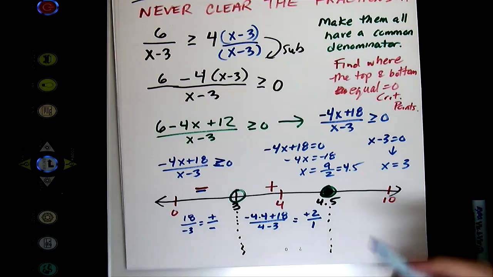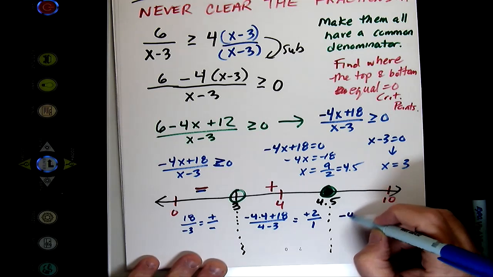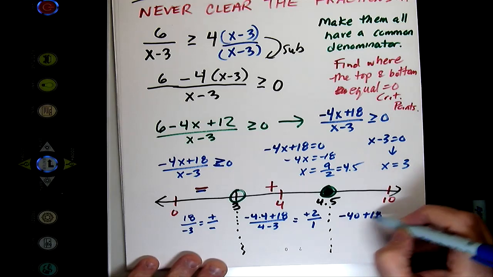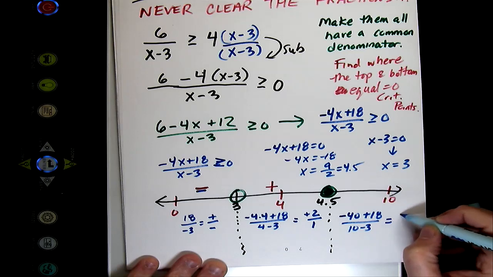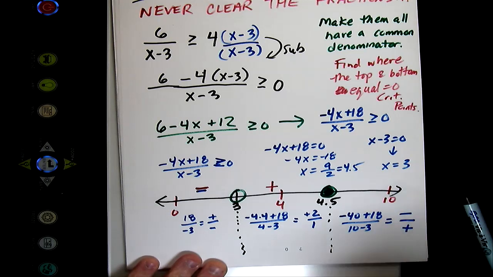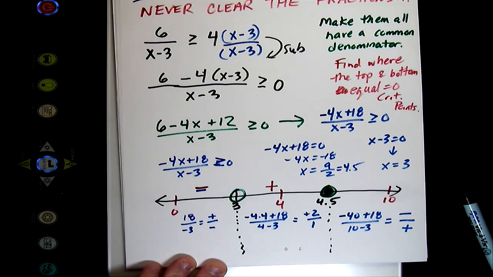And finally, if I stick in 10, I've got (-40 plus 18) over (10 minus 3). The top is negative, the bottom is positive. Just because the 40 is the bigger number between the 40 and the 18, and the 40 is negative.